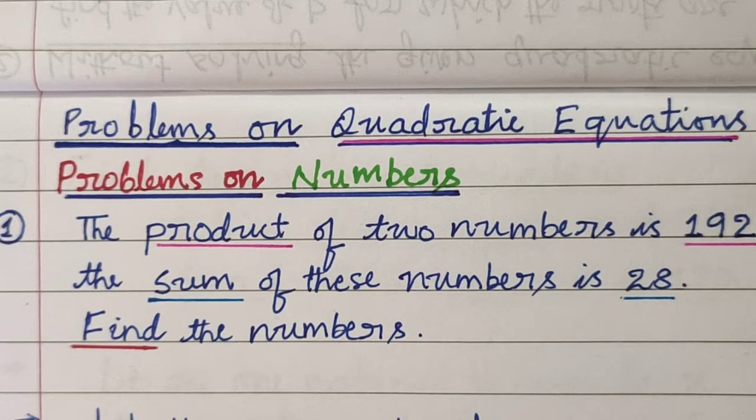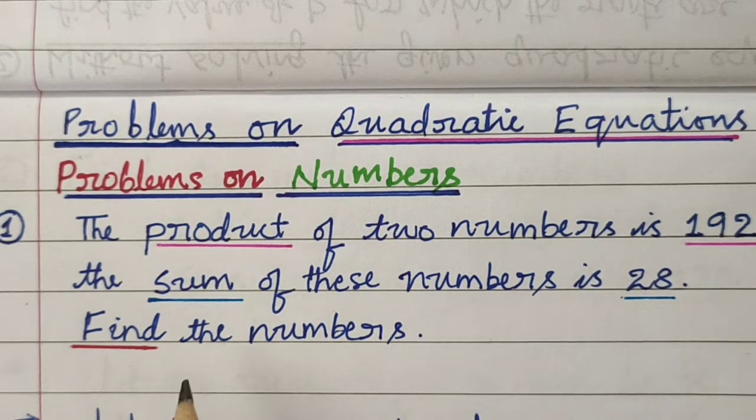That means we have to keep one unknown as x, the other unknown according to the relation, and finally we need to form an equation using the condition. Once you form the equation, bring that into the standard form of quadratic equation, then factorize that quadratic equation to get the unknowns.